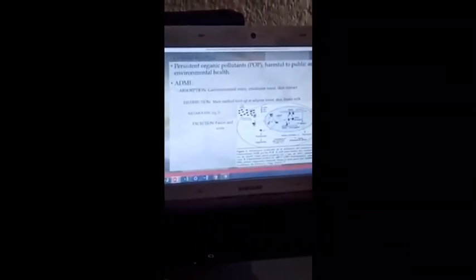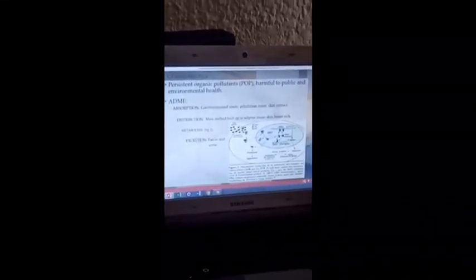PCBs are persistent organic pollutants, harmful to public and environmental health. They are absorbed via gastrointestinal tract, inhalation, or skin contact. They are found in fish and mainly in contaminated waters. Once they enter the body, they accumulate mainly in the skin, adipose tissue, and in breast milk.